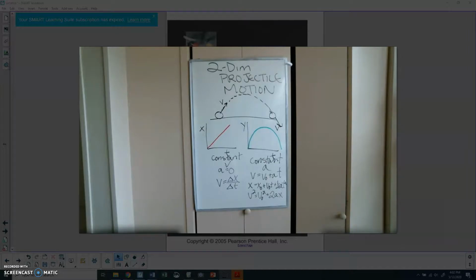But I can figure out the velocity vector's influence vertically and the influence horizontally and find how much velocity goes horizontal and how much velocity goes vertical. I can determine how long I'm in the air vertically with these equations. So I determine my time, and then I figure out, oh, I have this much time. At this velocity in the x direction, I can find out how far I've gone.